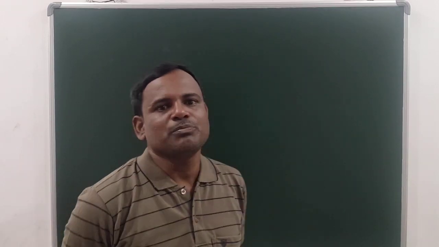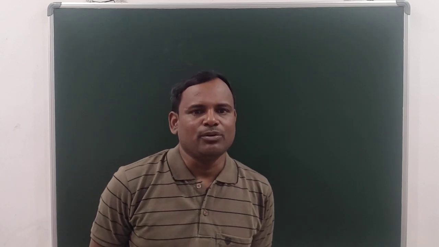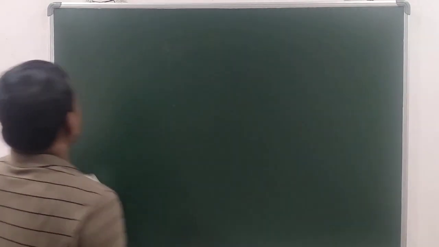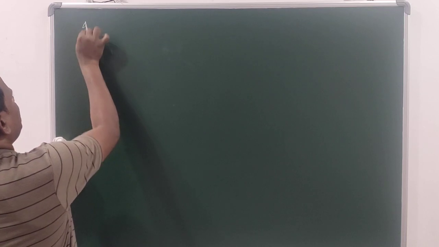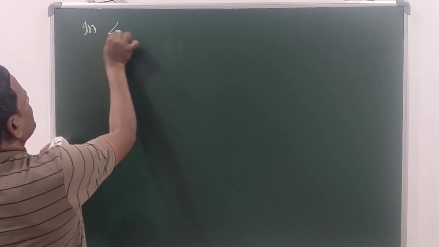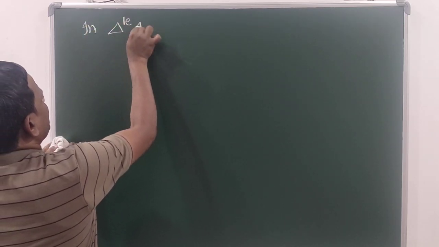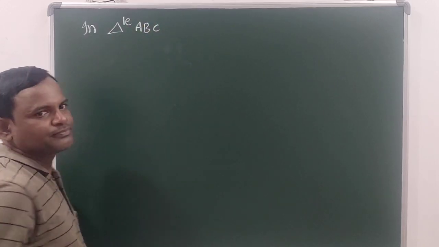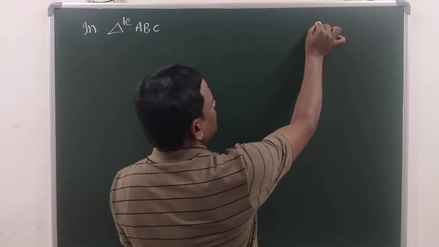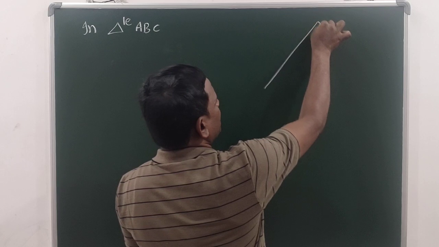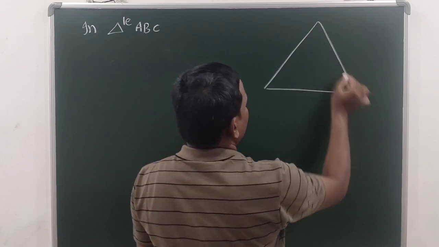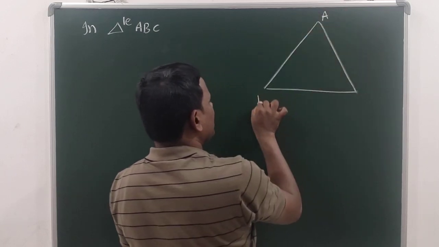So first let me explain to you the sine rule. In triangle ABC, draw one triangle and name this triangle as ABC.